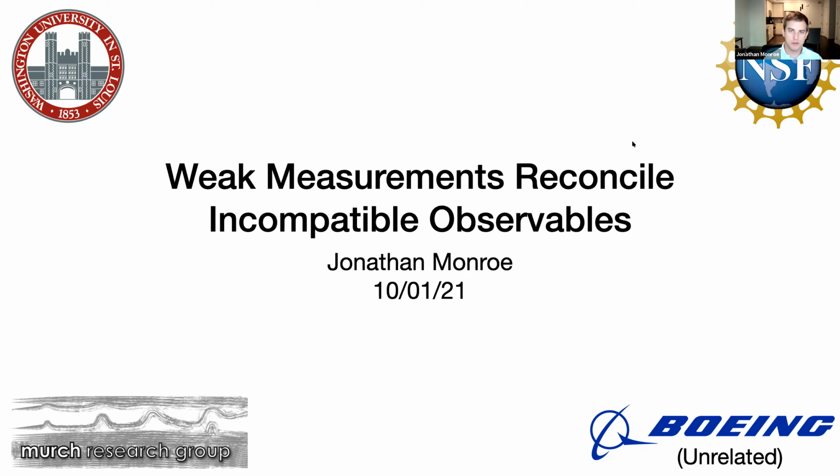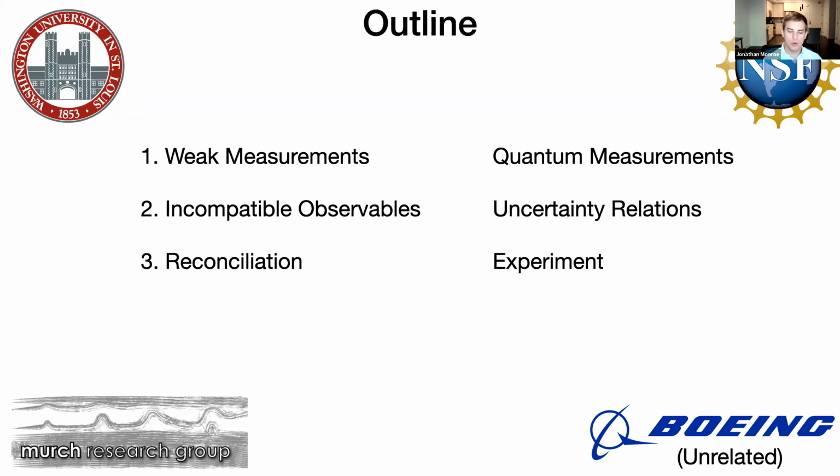It's about how weak measurements can be used as a tool for reconciling what we might otherwise think of as incompatible observables. So the outline of my talk is basically just going to break down this title. I'm going to start off with weak measurements, describing what we mean by quantum measurements, how those work in practice, and how they work in reality, I guess.